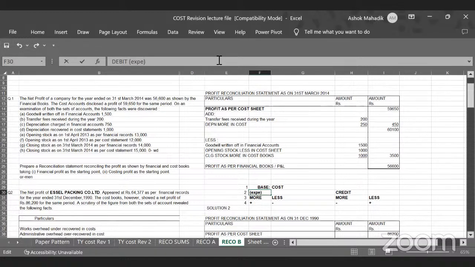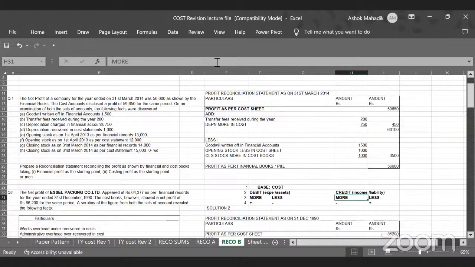Same way, what are the credit items? If it is income or an item of liability, it is called a credit item. Is this clear, students? Very simple to identify. अगर कोई expense का item है, तो we call it debit, or income का item है, so credit. So asset, debit; liability, credit.